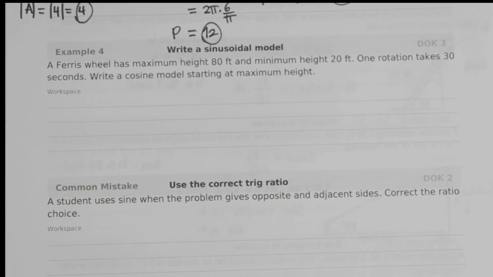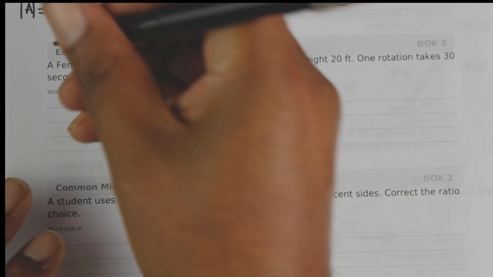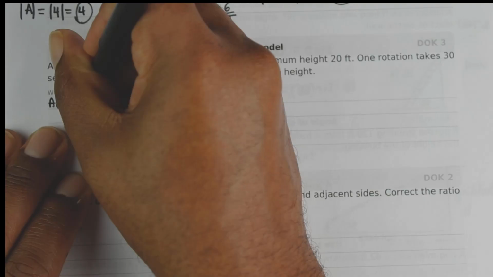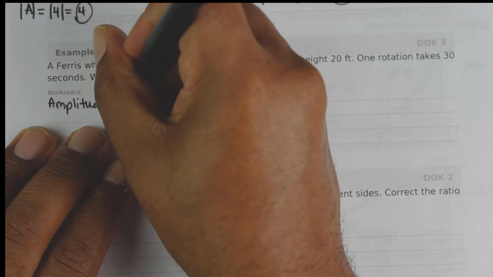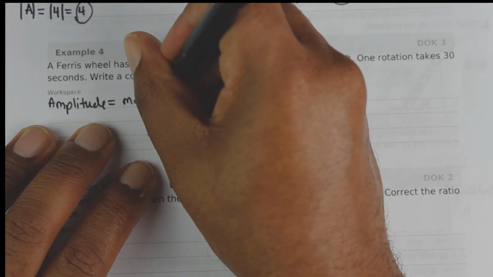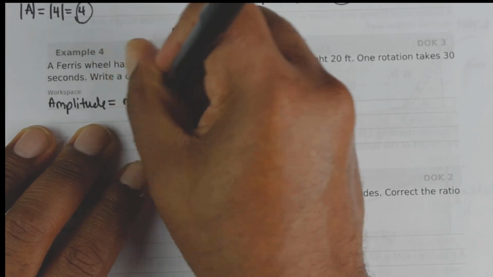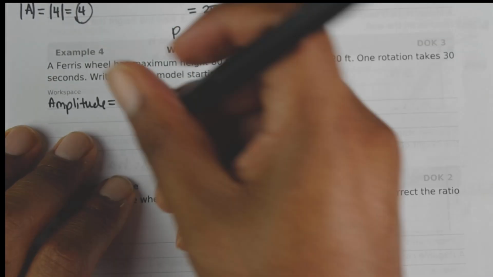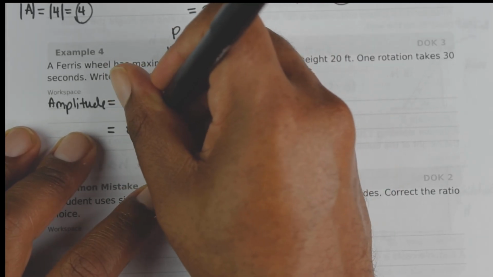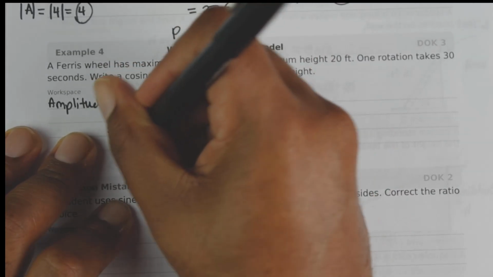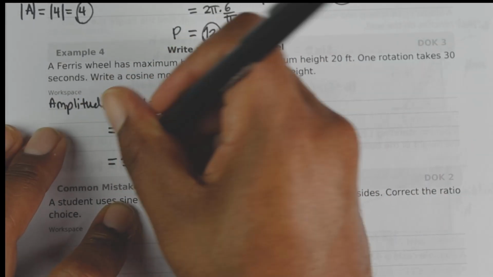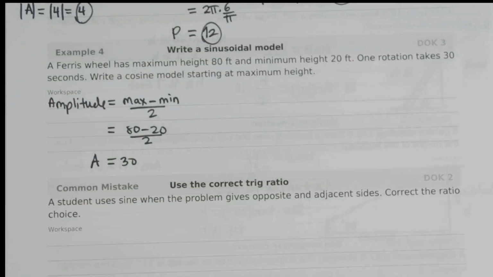So we need to start with the amplitude. The amplitude is equal to the max minus the minimum, divided by 2. So that's 80 minus 20, divided by 2, which is 30.